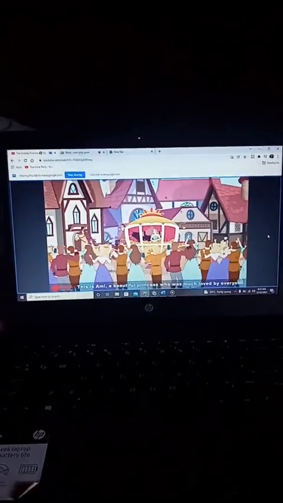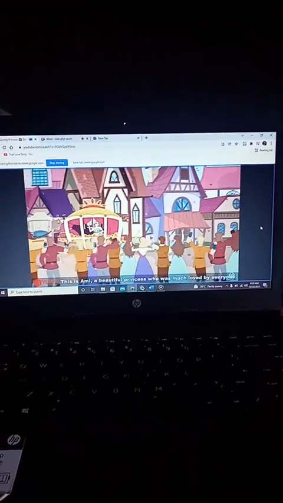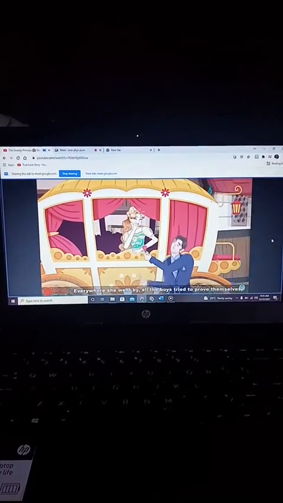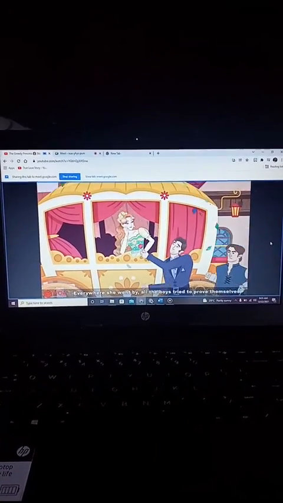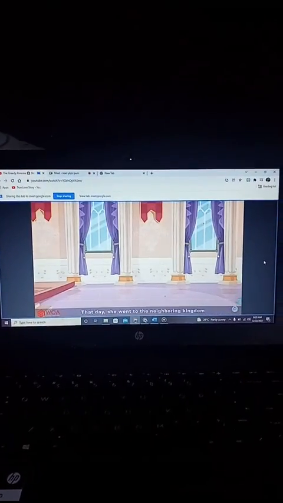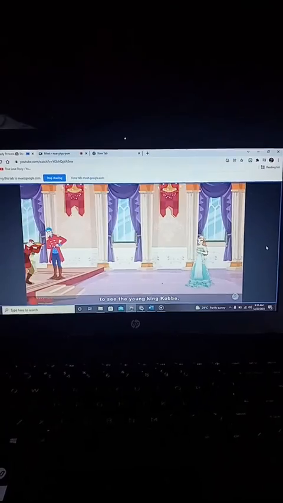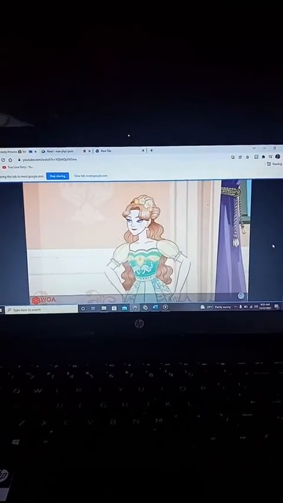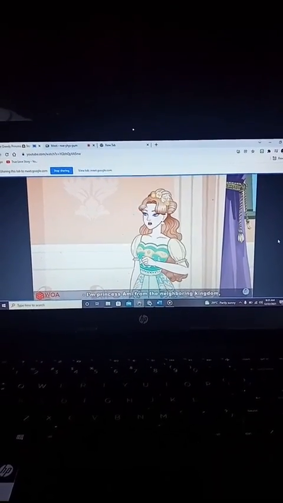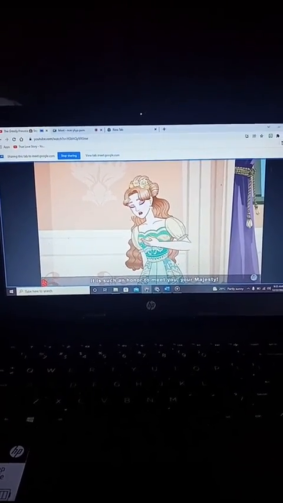This is Ami, a beautiful princess who was much loved by everyone. Everywhere she went by, all the boys tried to prove themselves, which caused a chaotic scene. That day, she went to the neighboring kingdom to see the young King Kobe. I'm Princess Ami from the neighboring kingdom. It is such an honor to meet you, Your Majesty.